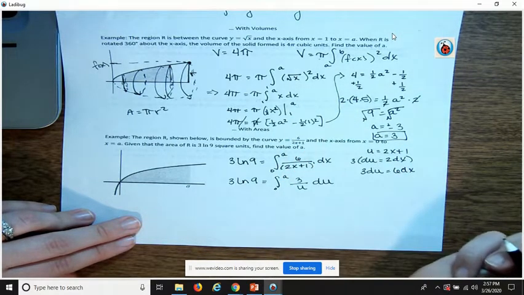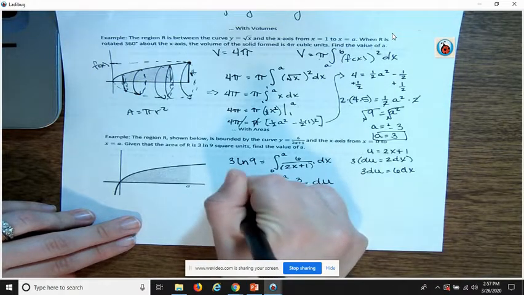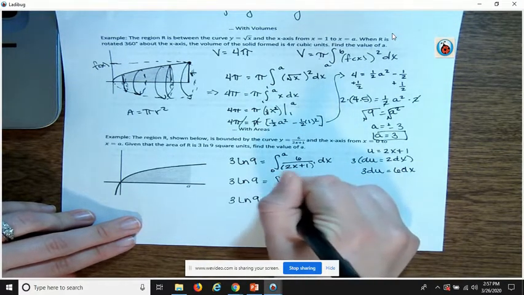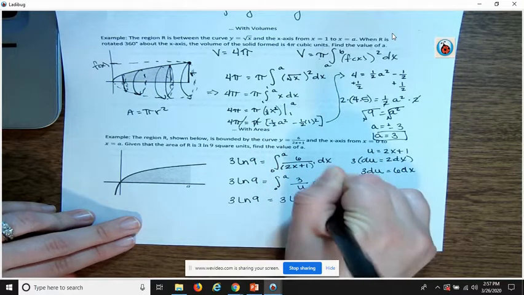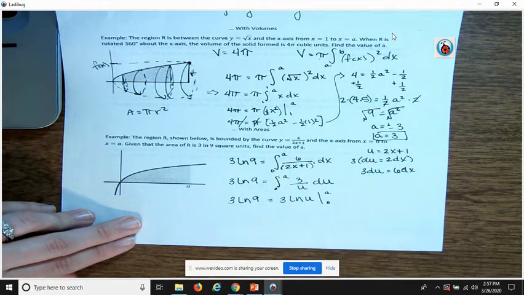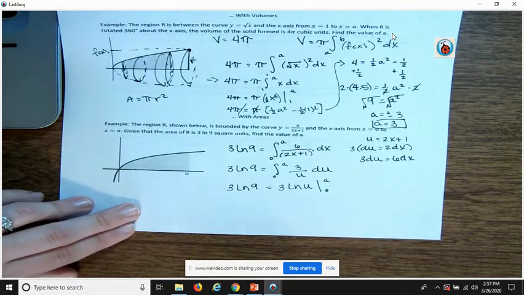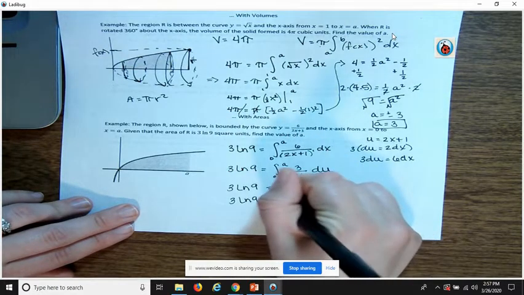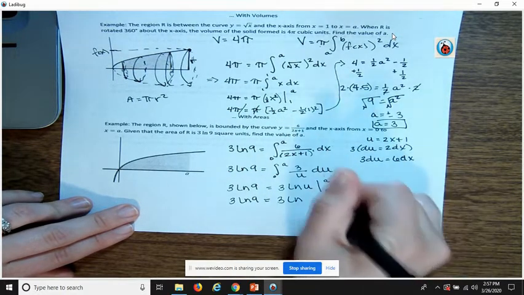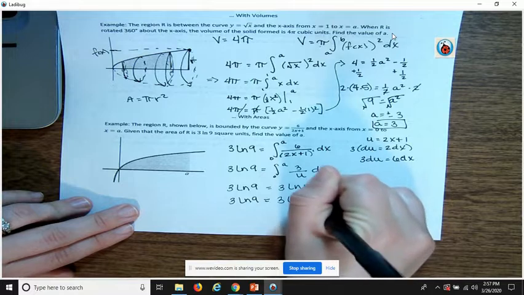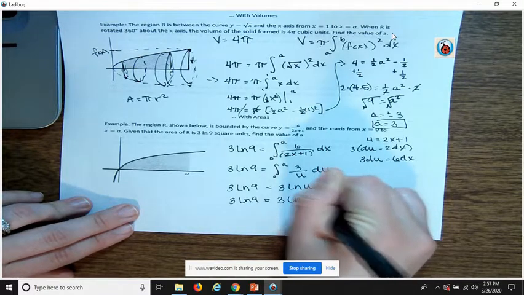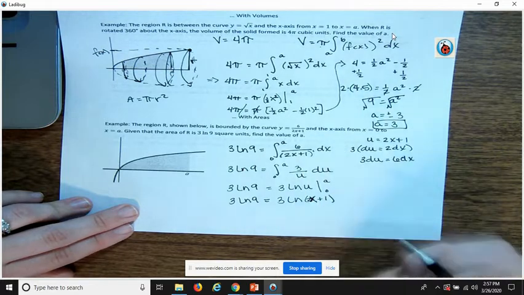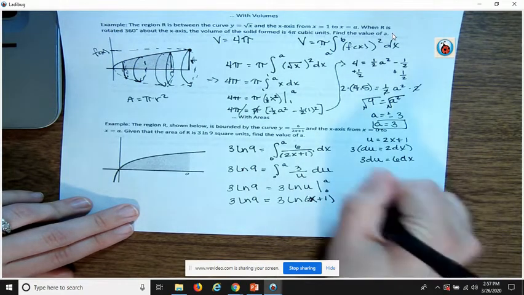Okay. Now when I integrate, I get 3 natural log 9 equals 3 times the natural log of u from 0 to a. I want to sub my u back in. So 3 natural log of 2x plus 1. Oof. I really need that white out. That's supposed to be a 2x. Okay. And it's from 0 to a.